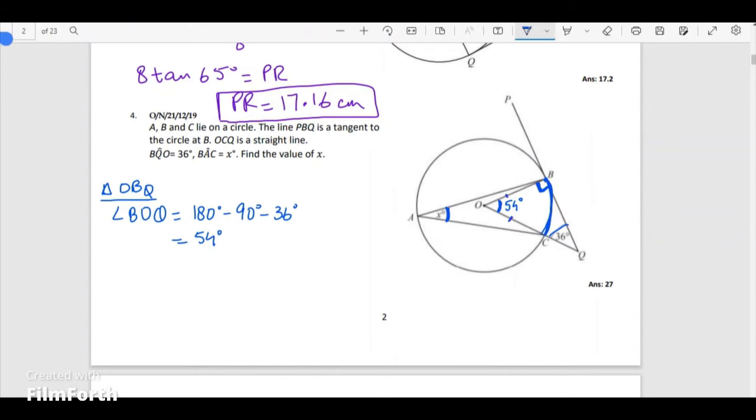So that should make you think about the property that angle at the center is twice the angle at the circumference. This means x degrees would be equals to 54 over 2, that is 27 degrees. Why? Because the angle at center is twice the angle at circumference.